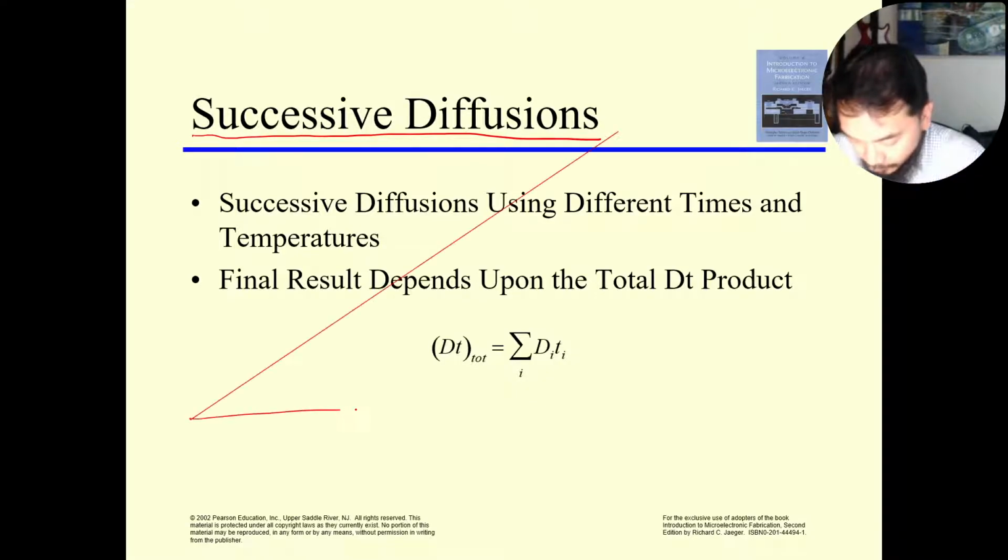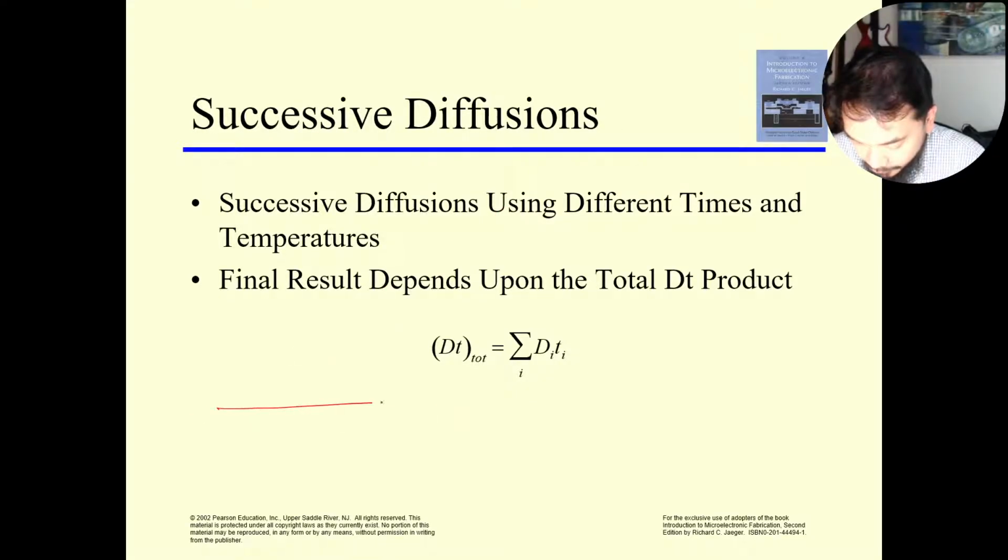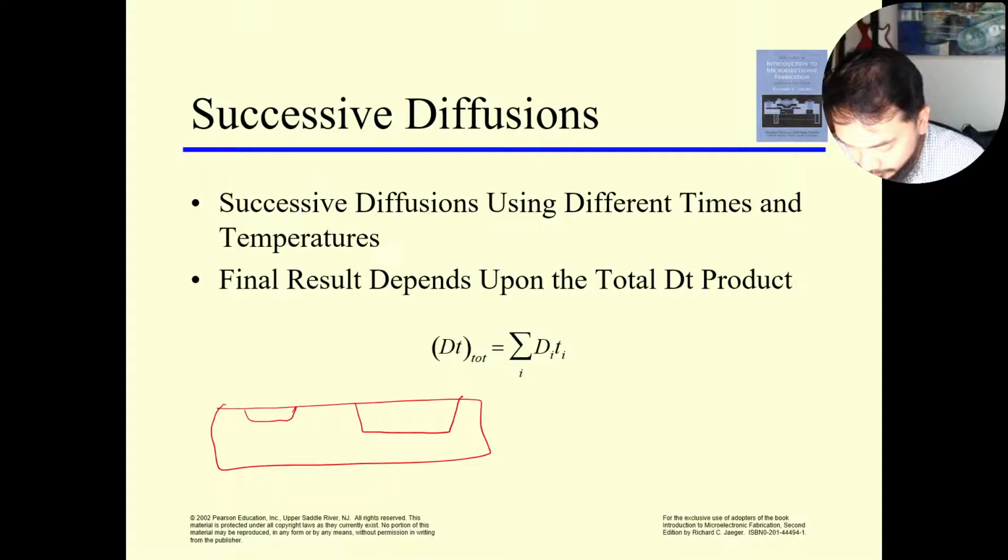Now you have to do the diffusion process for the whole wafer. So let's say this is your whole wafer. You need to have one here and another, bigger one here, or maybe a smaller one like this. So you have N-type silicon, you have your P-type here, and this one is P-type with very high doping. This is N-type.